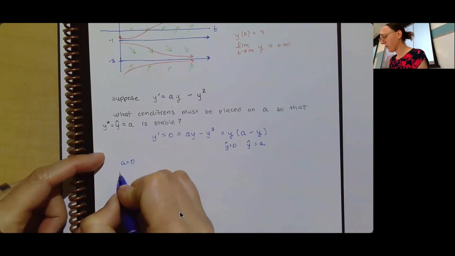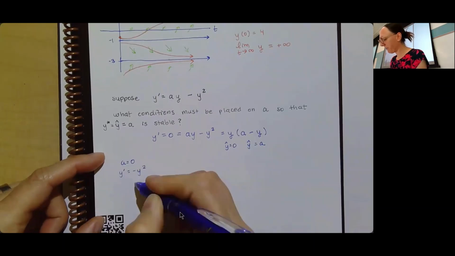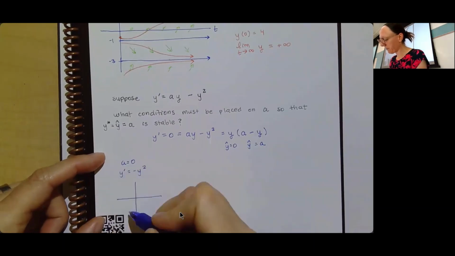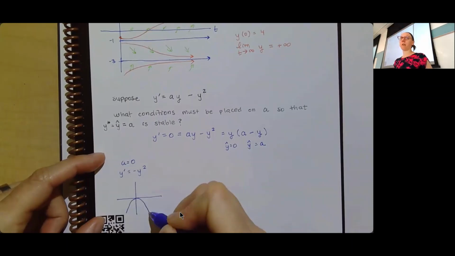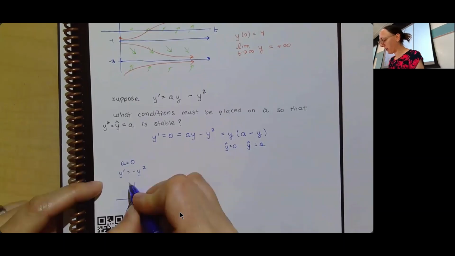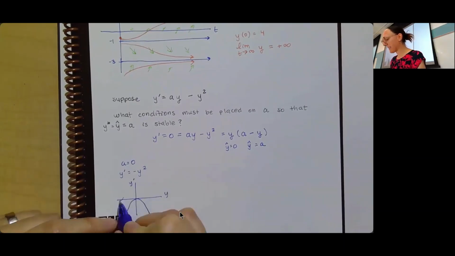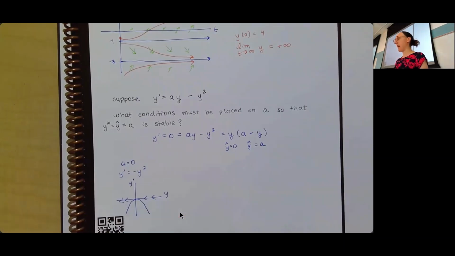Well, if A was 0, then my y prime would just be negative y squared. Which means if I were graphing this phase plane, everything's below the axis, everything is headed to the left, and 0 is actually semi-stable because it's stable from one side and not from the other.